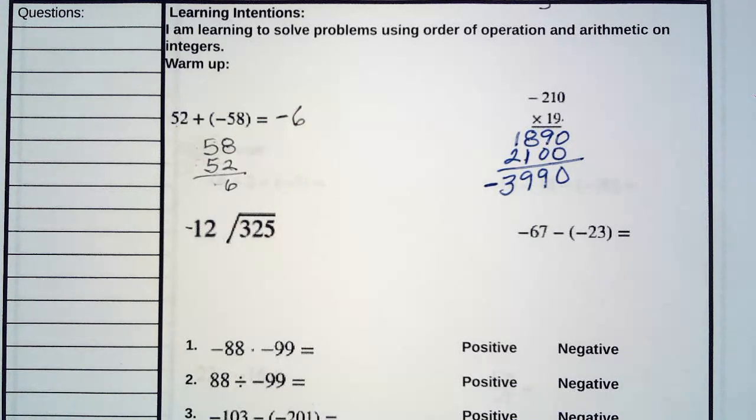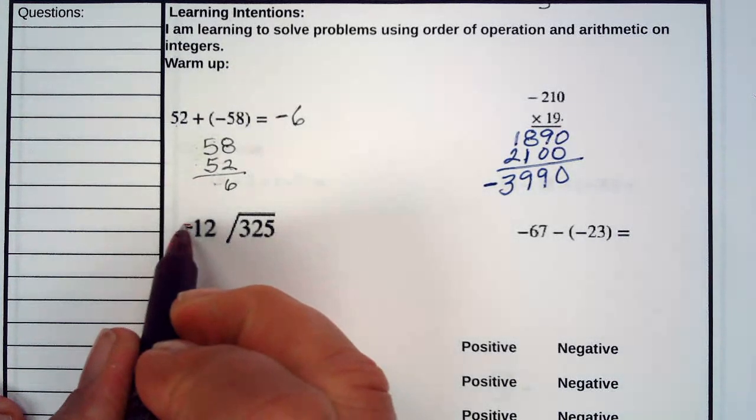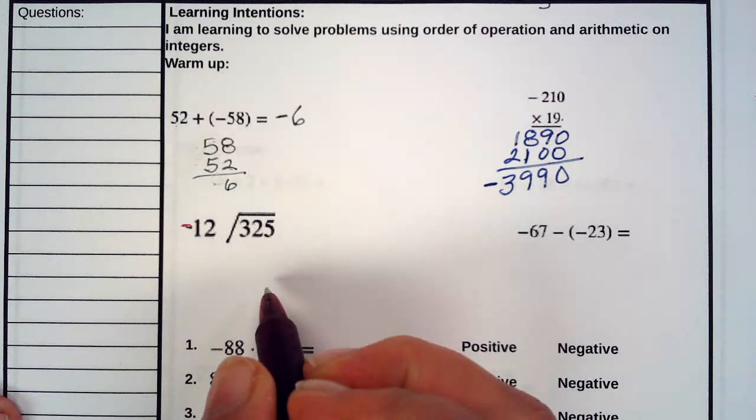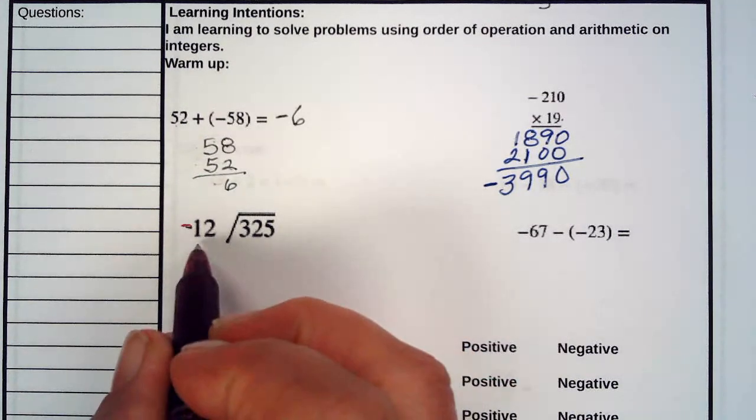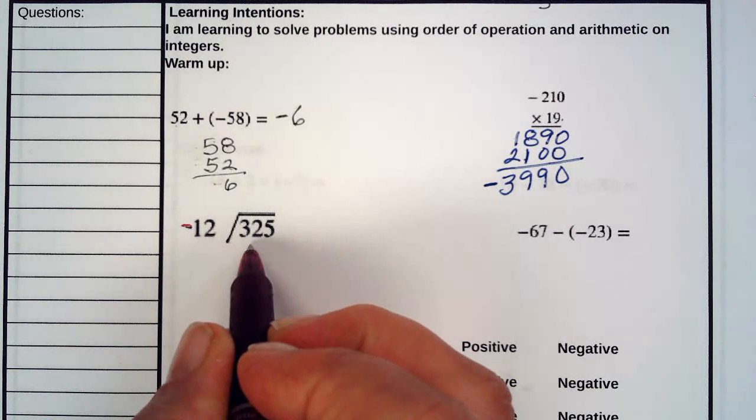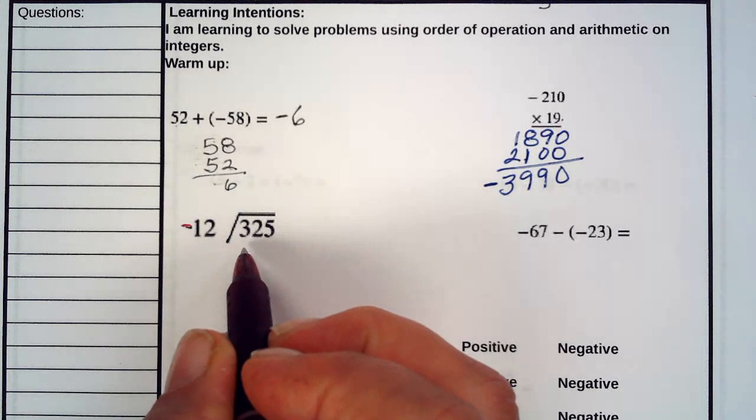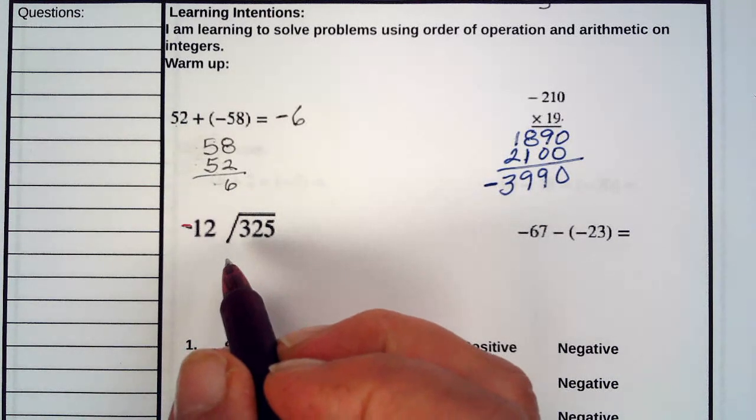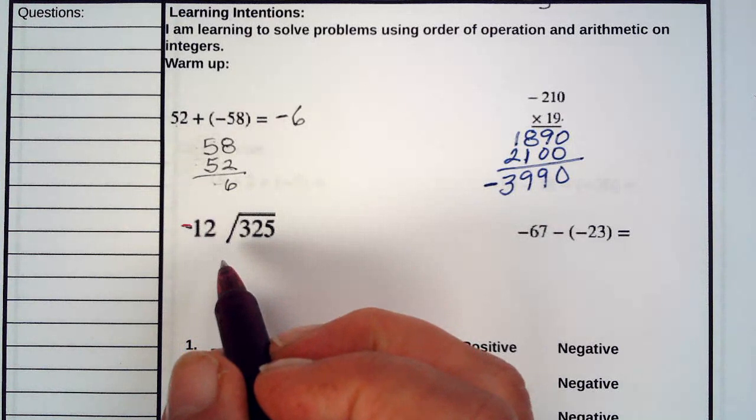Okay, for the next one, I'm dividing. This is long division. I've got a negative and a positive, so I know that my answer is going to be negative. How many times will 12 go into 32? Well, if you count by 12, it's 12, 24, 36.